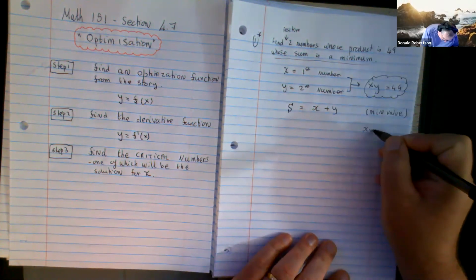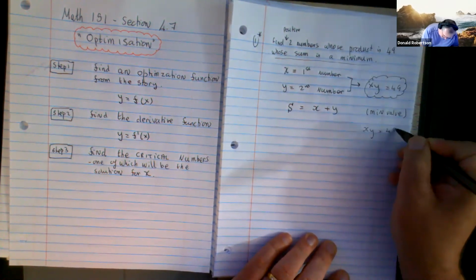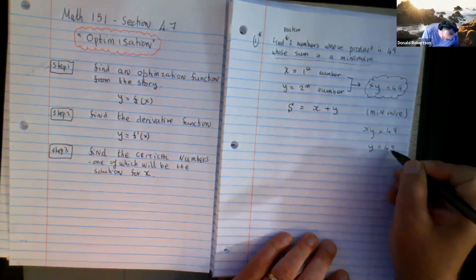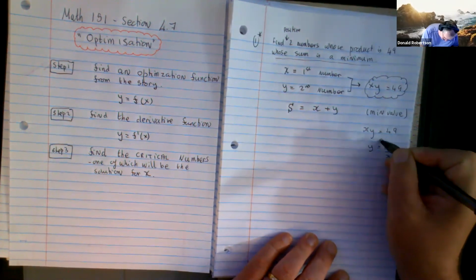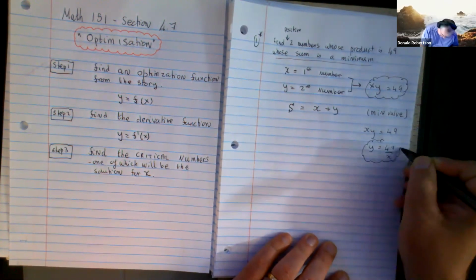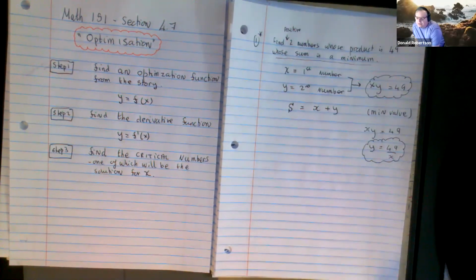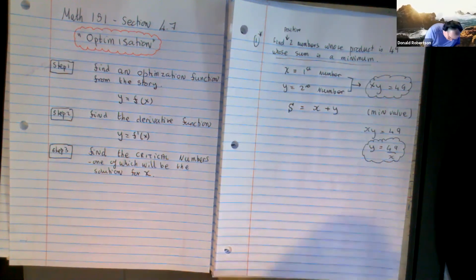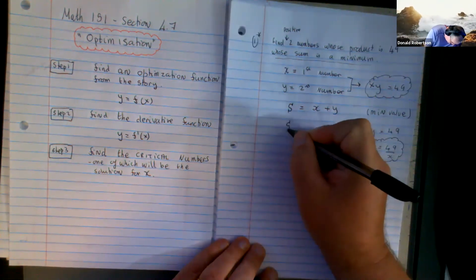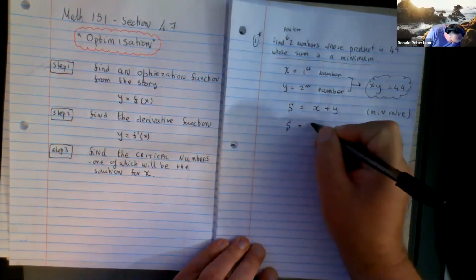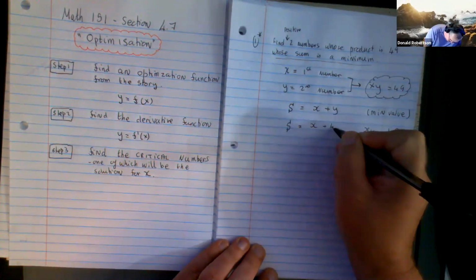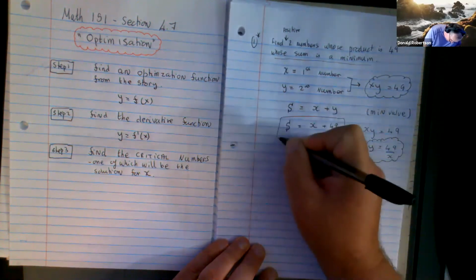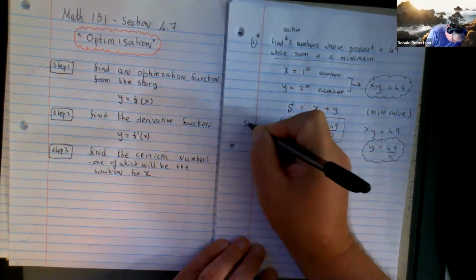If xy is 49, then if you divide both sides by x, isn't another way of writing that information to realize that y is 49 over x, which means I now have my optimization function. And I've just completed step 1.